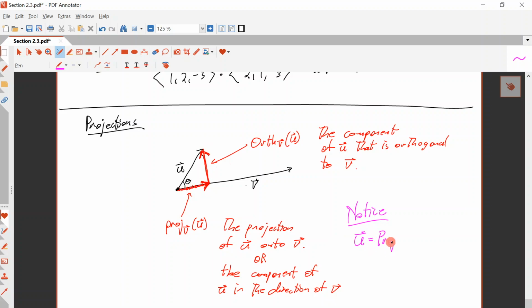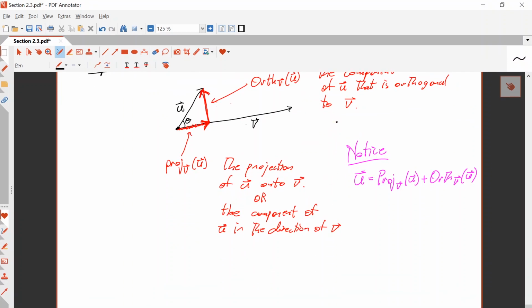It's equal to the projection onto v of u plus the orthogonal component of u to v. All right, it's just the sum of those two. So basically we're going to find the projection and then subtract it from u to get the orthogonal bit. Right? So here it goes. One more page.